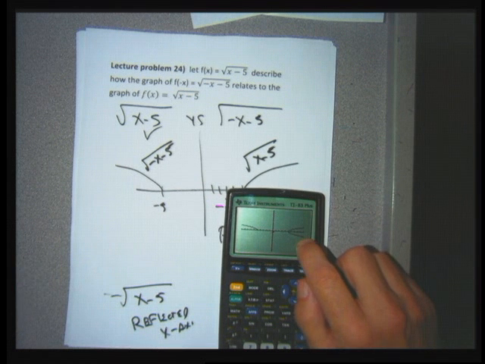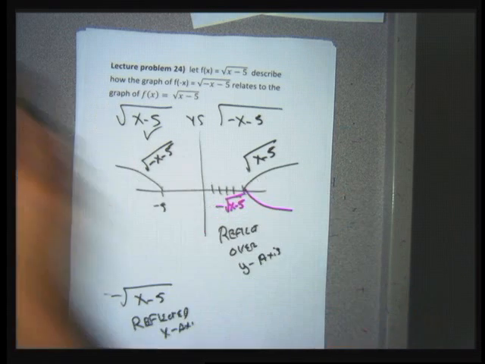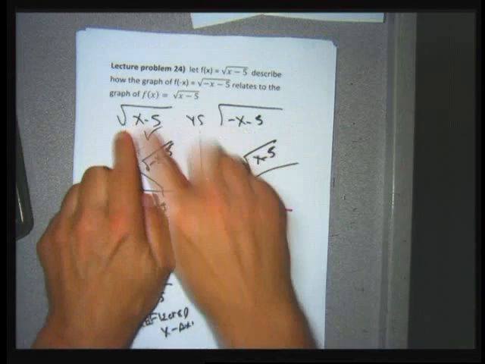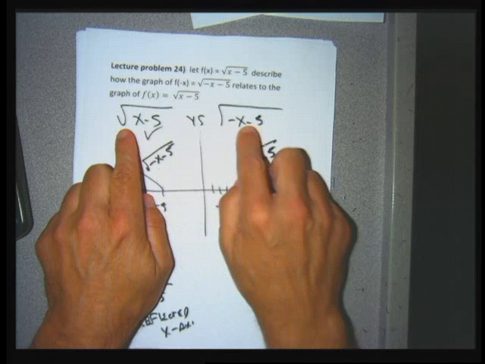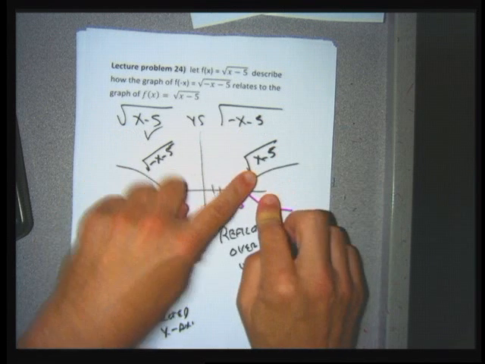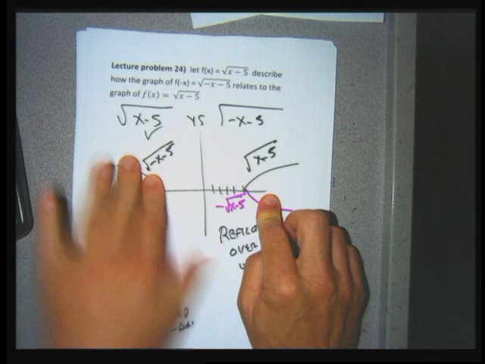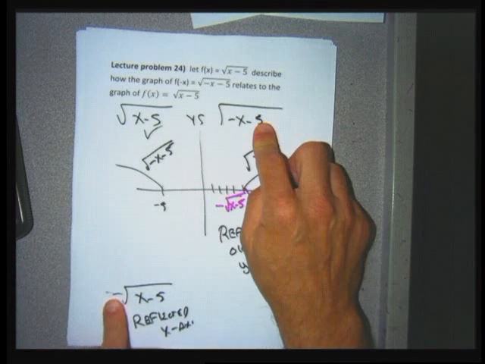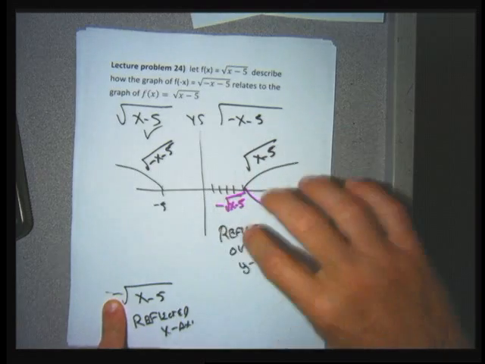So negatives can reflect over the x-axis. It can reflect over the y-axis. For a negative to reflect over the y-axis, any x in the problem gets changed to a negative x, and that will take the initial function and flip it over the y-axis. If I take the initial function and multiply the whole thing by a negative 1, it's going to reflect it over the x-axis.